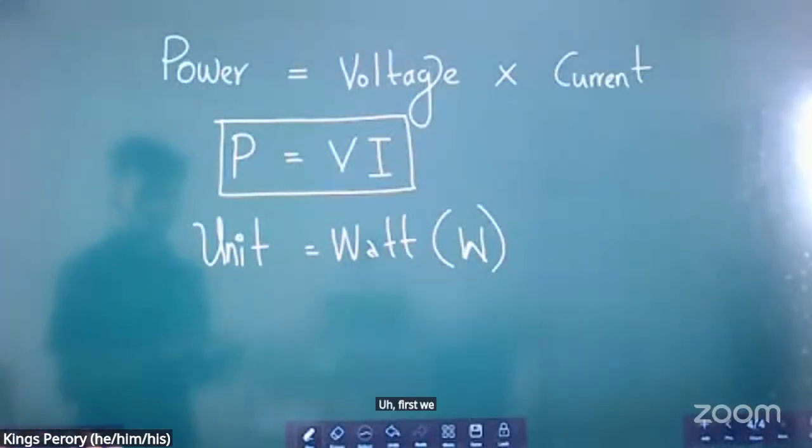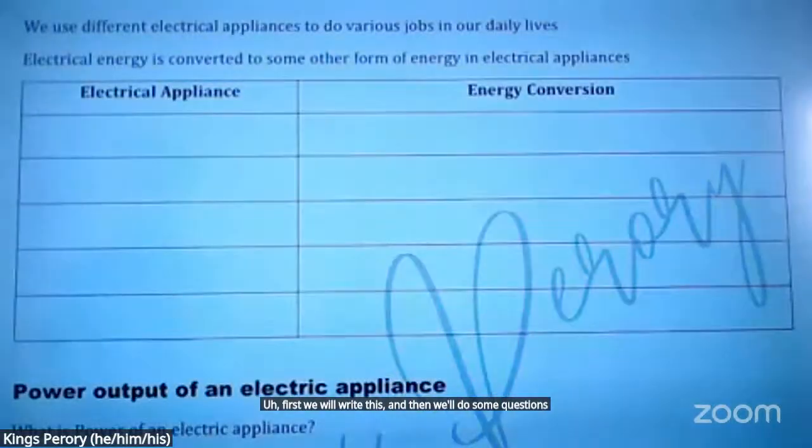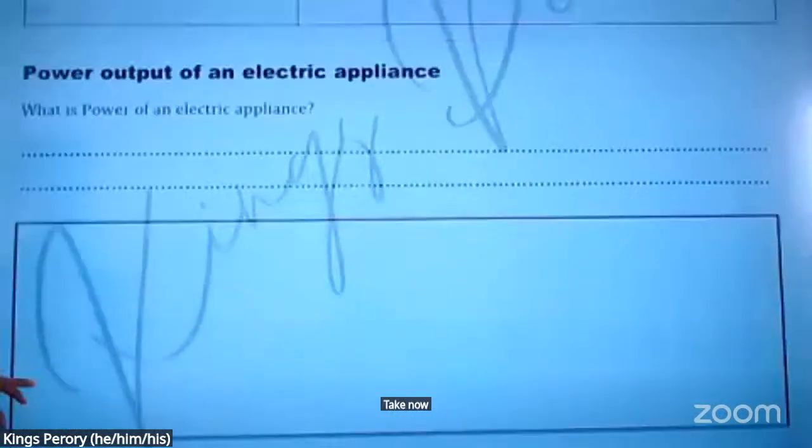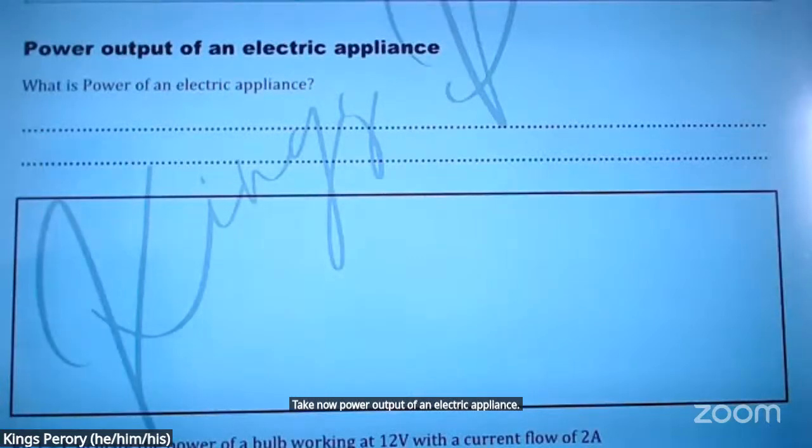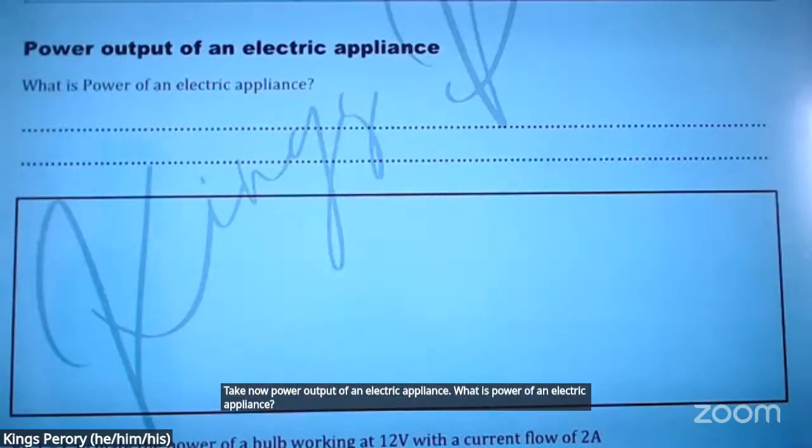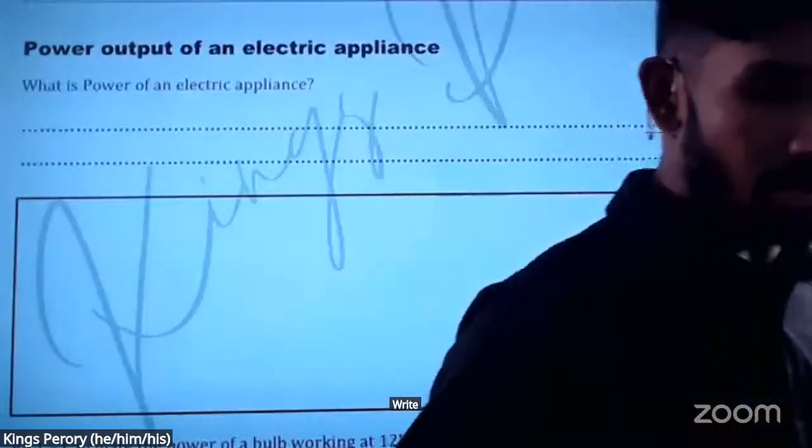First we will write this and then we'll do some questions. Right. Take now power output of an electric appliance. What is power of an electric appliance? Two definitions. We'll write both. Listen and write down.